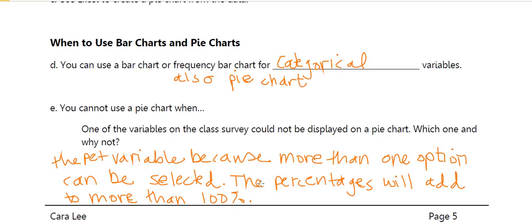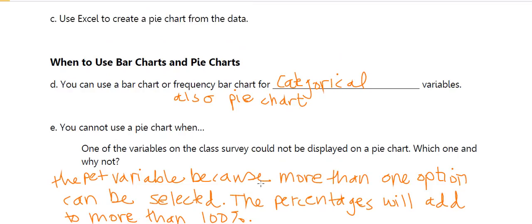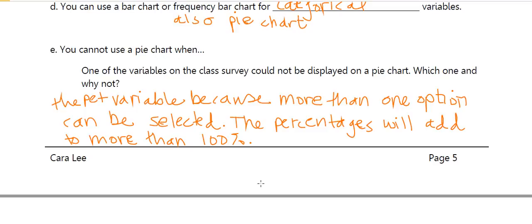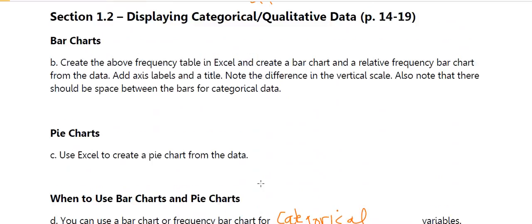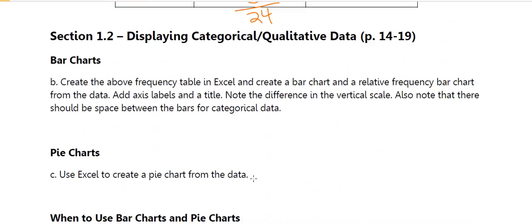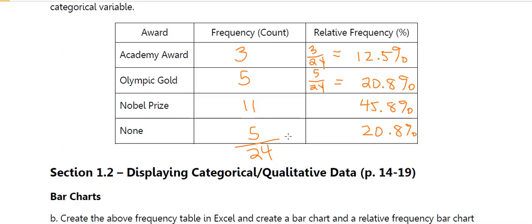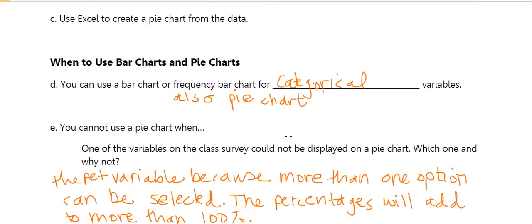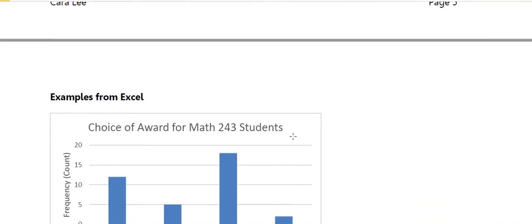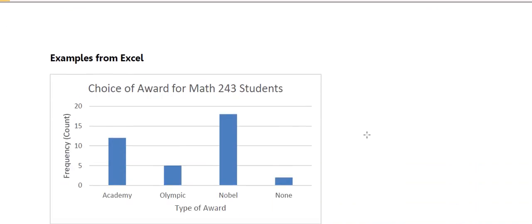So I hope this video has been useful to you, and look for a link on categorical.com for how to make the bar chart and the pie chart in Excel, and we'll be using this data right here. And then on your last page of your packet, you have some examples of what these look like.